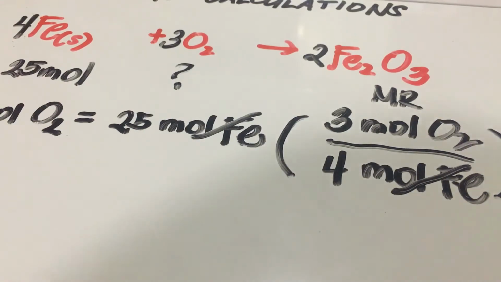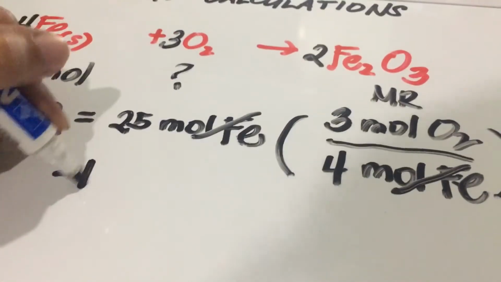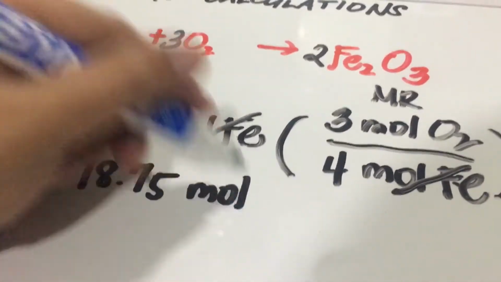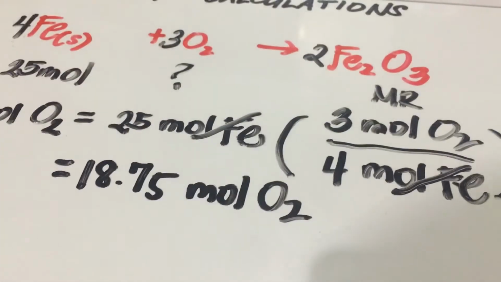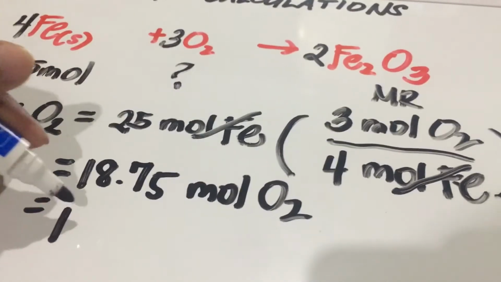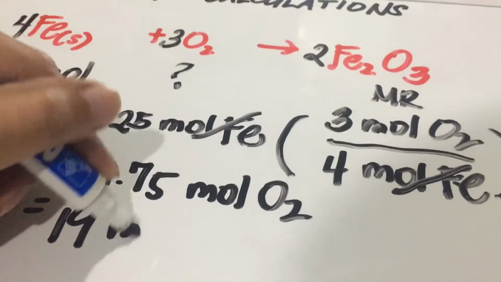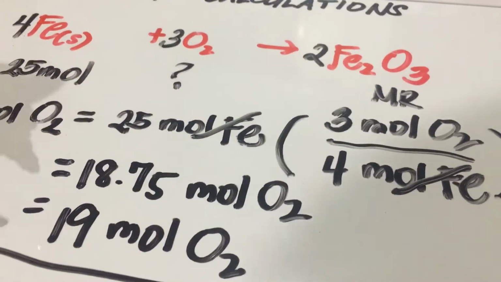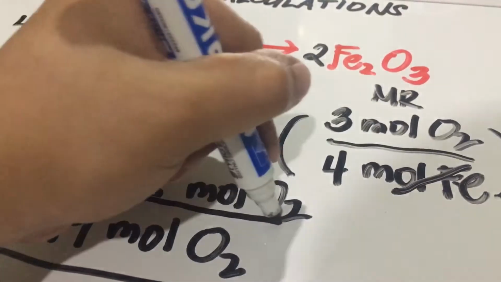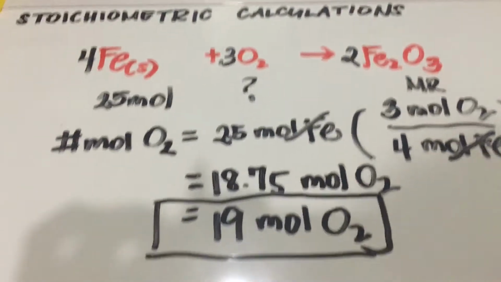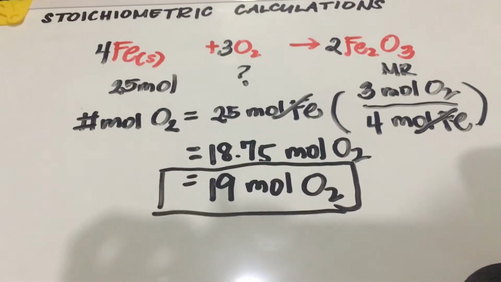And so we have 18.75 moles of O2. Since our given has two significant figures, then we can just end up with 19 moles of oxygen will react with 25 moles of iron. Alright? So this is the solution for part number 1 here. So I hope it's clear on your end.